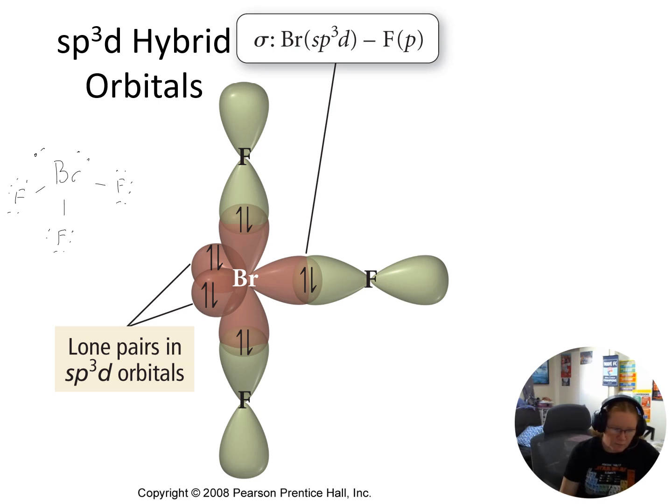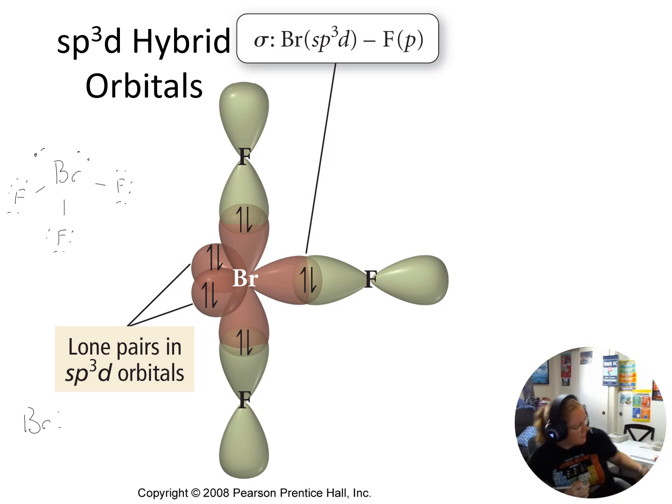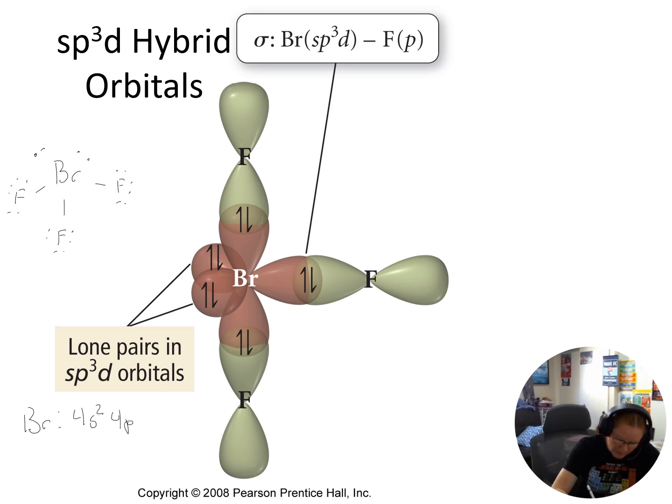Okay, so bromine, where is bromine located? Well, if we look at our periodic table, bromine is in period 4. And so our valence here is going to be 4s2, 4p5. We have 7 valence electrons. Okay, and so we can do our sp3d.